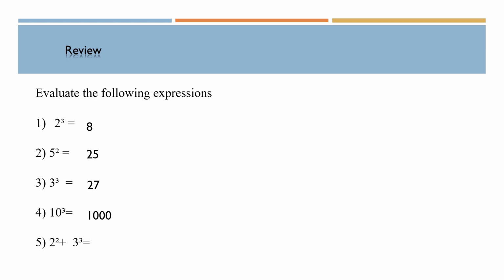Think of the answer. Now let us check your work. 2 times 2 equals 4. 3 times 3 equals 9. 9 times 3 equals 27. 27 plus 4 equals 31. Very good.